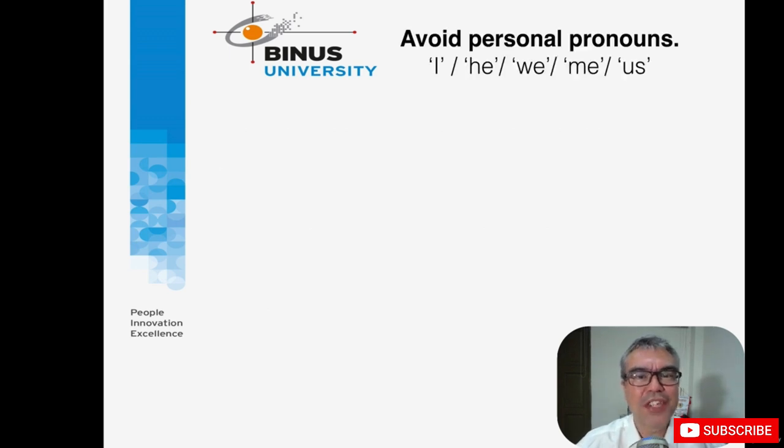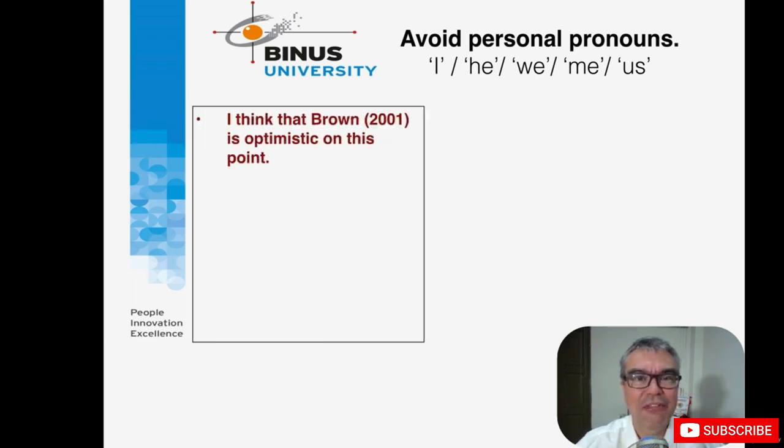So the second feature of academic writing is to avoid personal pronouns. Personal pronouns are words like I, me, we, us, you. Let's look at some more examples and see the difference between the style when you use pronouns and when pronouns are not used.